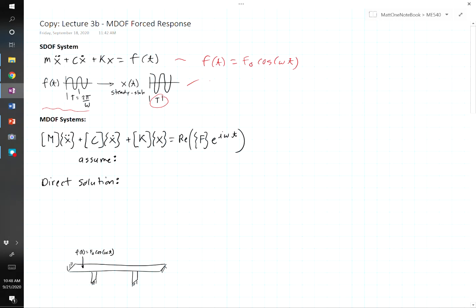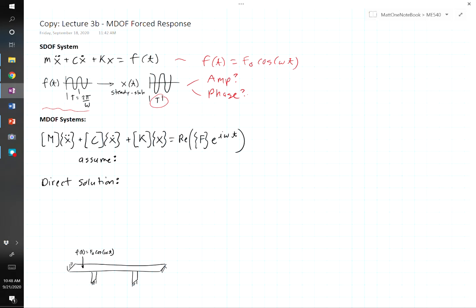And the two questions were just, what is the amplitude of response and what is the phase of the response? The amplitude and phase could both be shifted, but the response would have the same frequency. So that was for a 1 degree of freedom system.